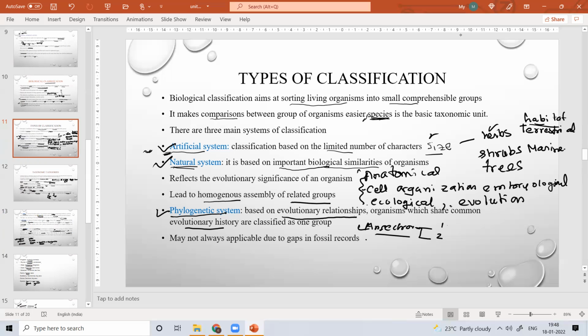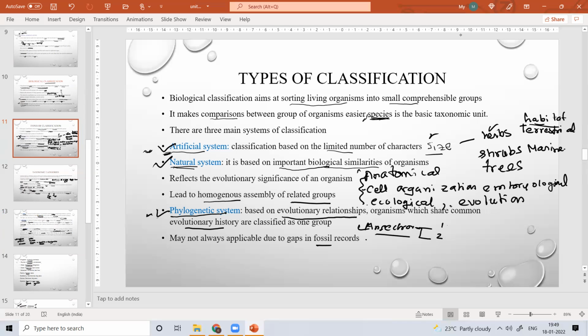Basically it is a good system, apart from the demerit that it is not possible to classify every organism phylogenetically, because we need fossils to understand the connections between related species. But the fossil record is not complete; we have gaps in the fossils.